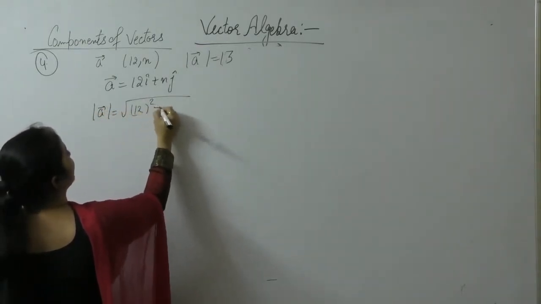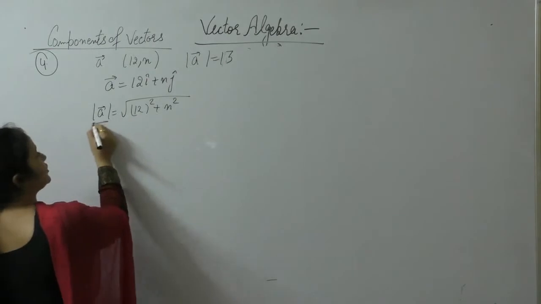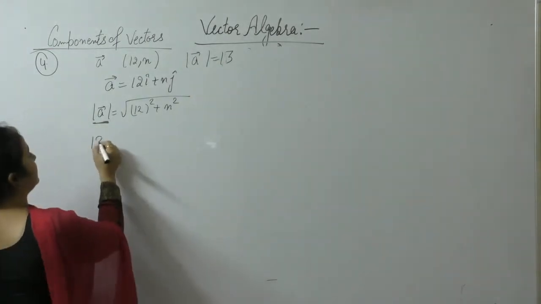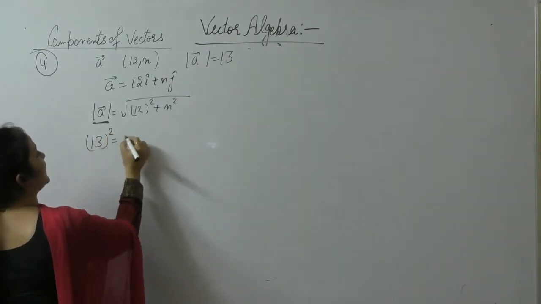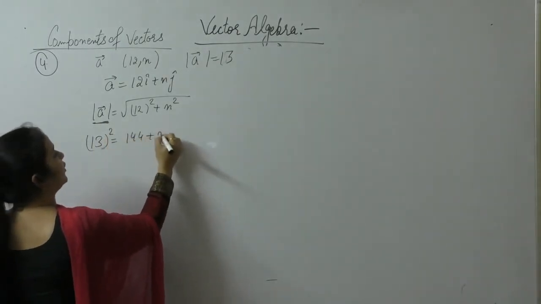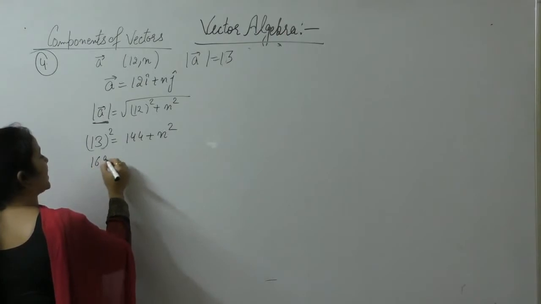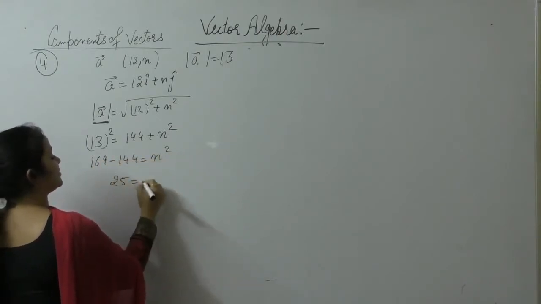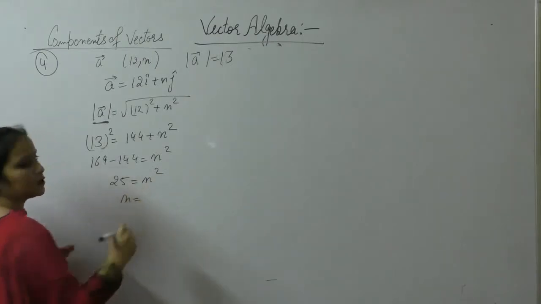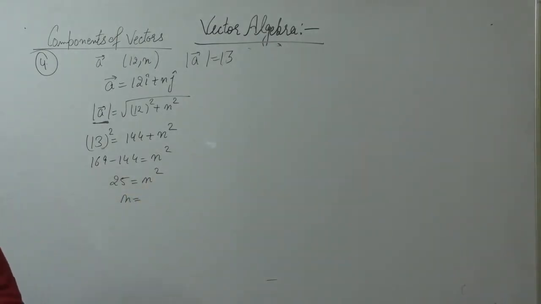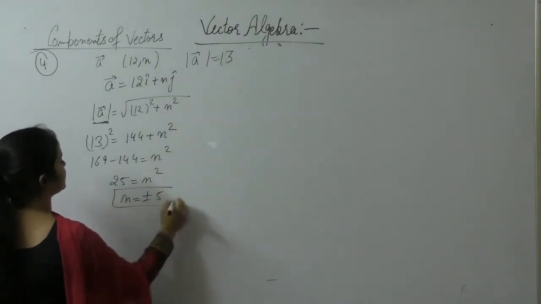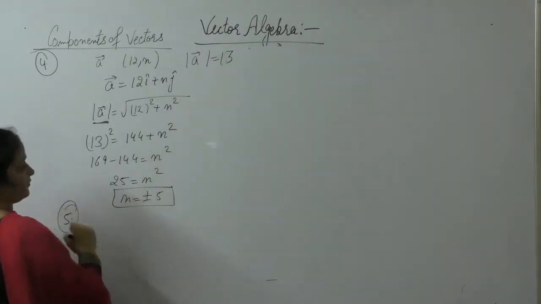Magnitude of A is the square root of 12 squared plus n squared. We have the value of this, that is 13. Squaring both sides, 12 squared is 144 plus n squared equals 169. So 25 is equal to n squared. So n is equal to plus or minus 5.